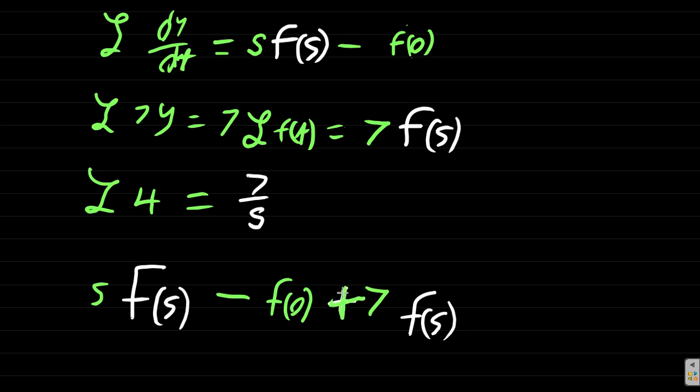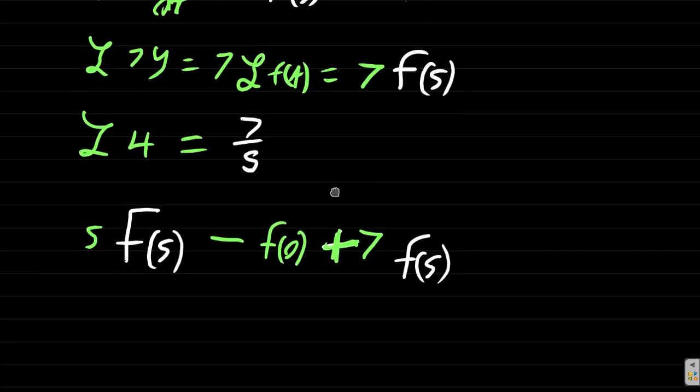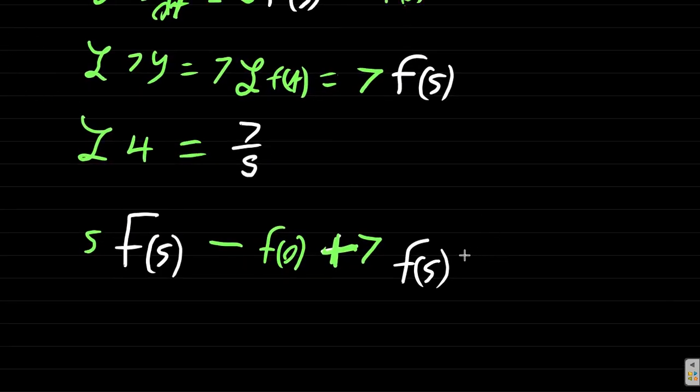I want everything else in green and the F of s alone in white. And then equals 4 over s. Right? So this is what we have.